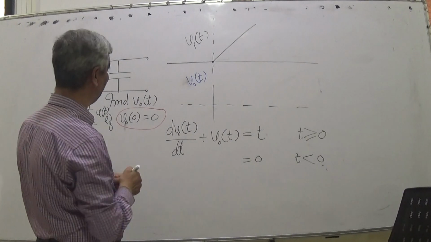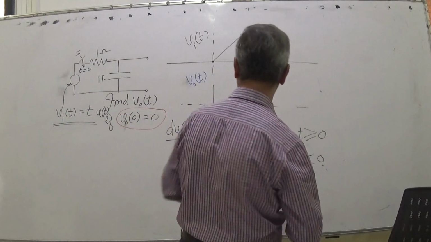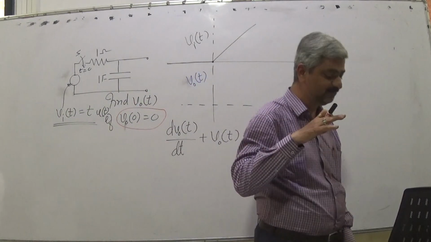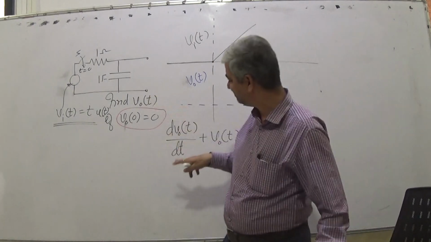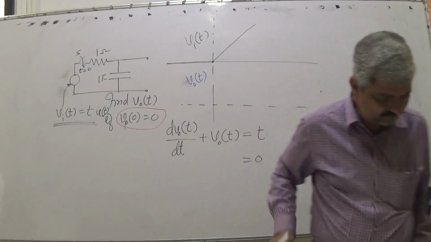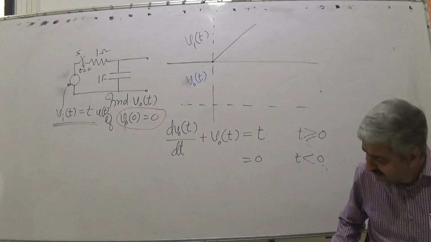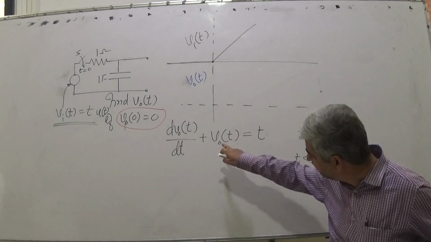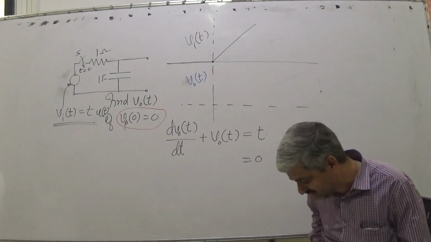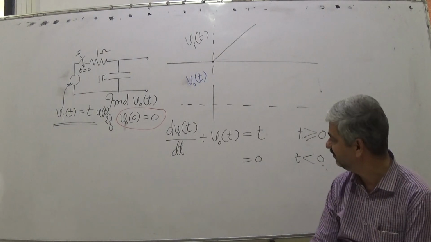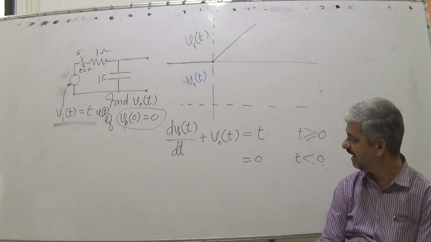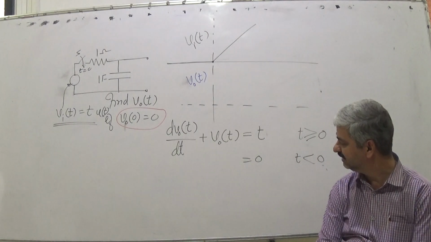So I want VOT of some type such that it satisfies the differential equation. See this, why I am so fond of this circuit, because the differential equation becomes very compact. The answer should be such that the function itself and its derivative should be equal to t.